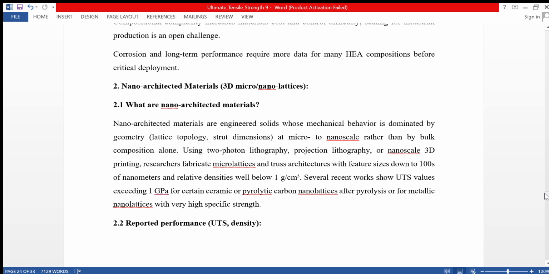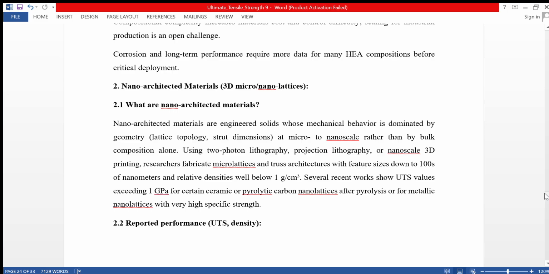Next point is nano-architectured materials. What are nano-architectured materials? Nano-architectured materials are engineered solids whose mechanical behavior is dominated by geometry at micro to nanoscale rather than by bulk composition alone. Using two-photon lithography, projection lithography, or nanoscale 3D printing, researchers fabricated micro-lattices and truss architectures with feature sizes down to 100s of nanometers and relative densities well below 1 gram per centimeter cubed.